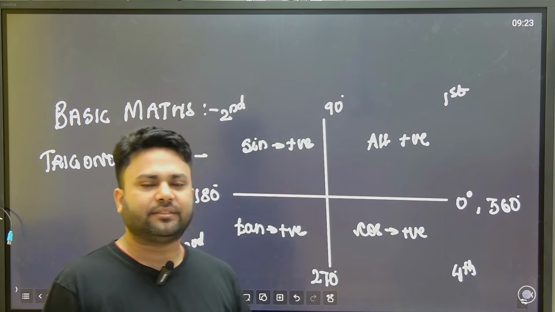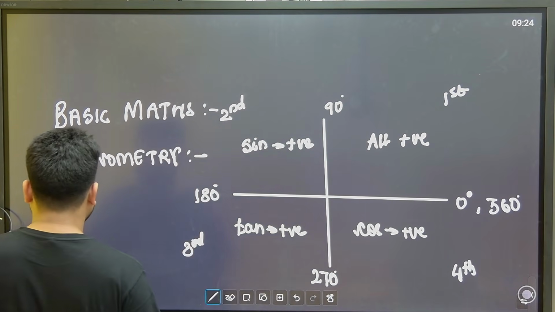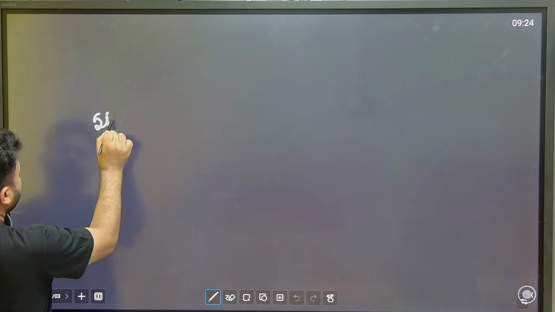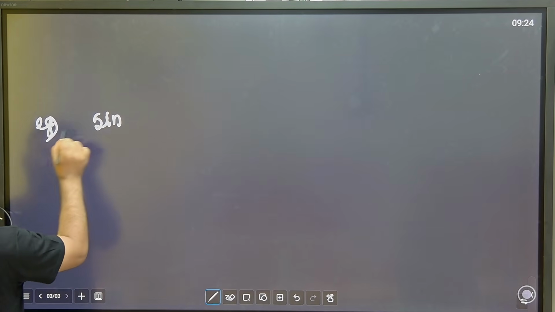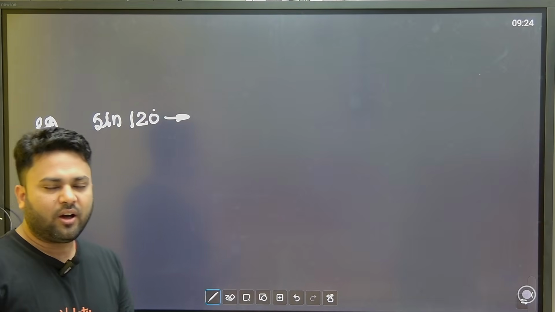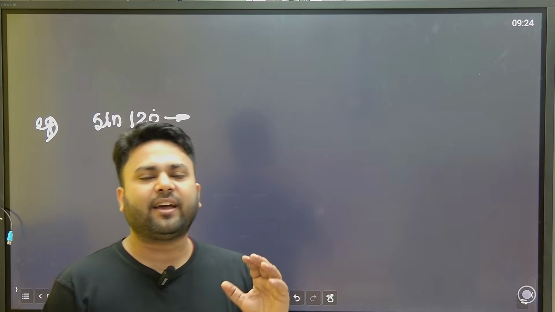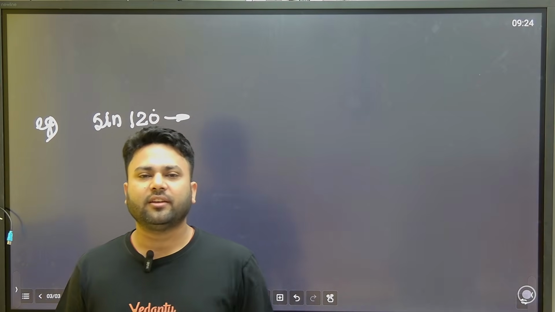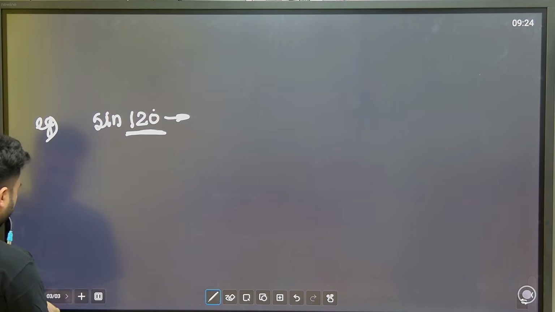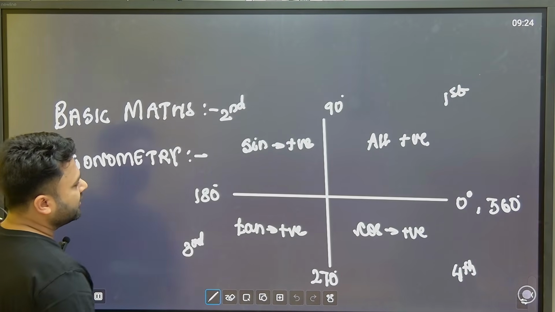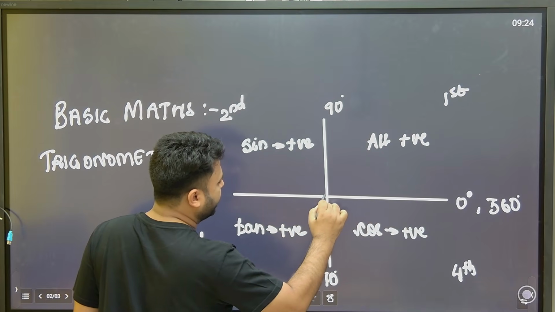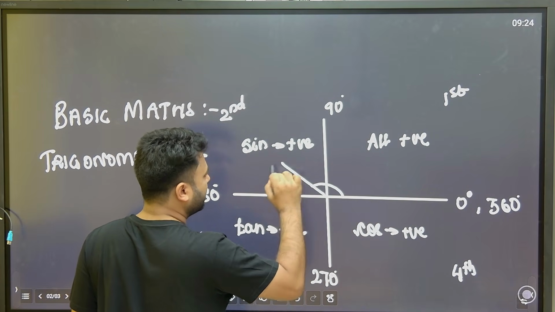Now, what does this mean? For example, someone asks the value of sine of 120 degree. I am not focusing on the value, just on the sign, whether it will be positive or negative. All the angles we measure from the positive x-axis, so 120 degree means something like this.